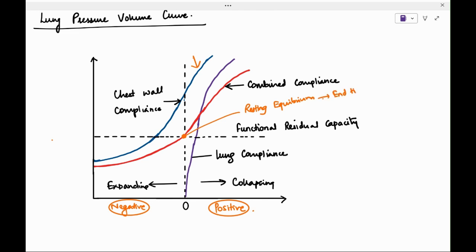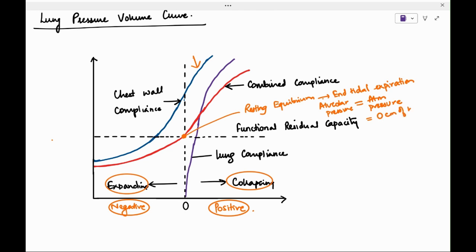Now, what is the resting equilibrium? Resting equilibrium is that point where the collapsing force of the lungs is equal to the expanding force of the chest wall. And this point is located at the end tidal expiration. So at end tidal expiration, both the forces are balancing each other.